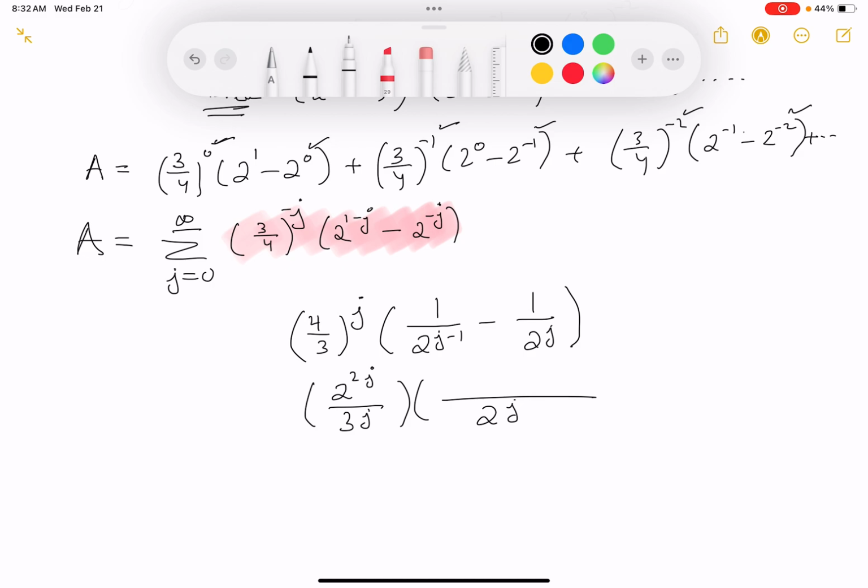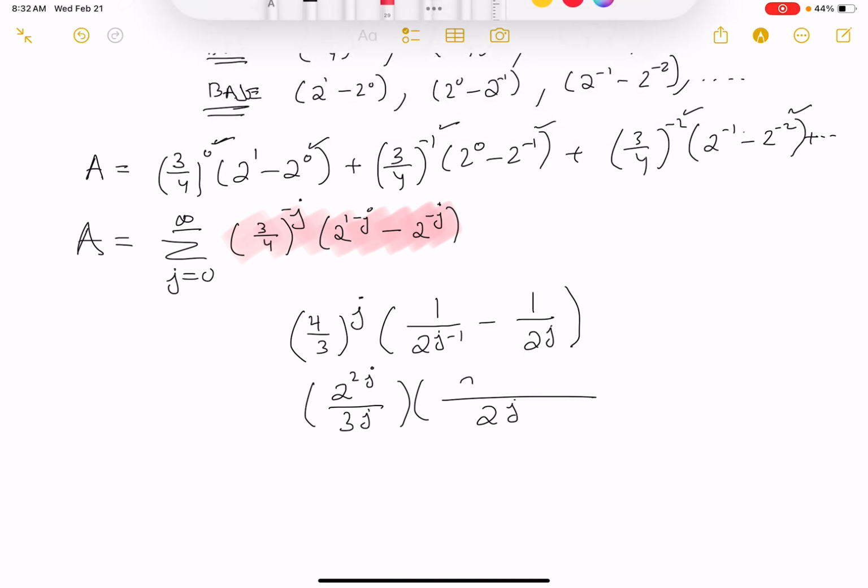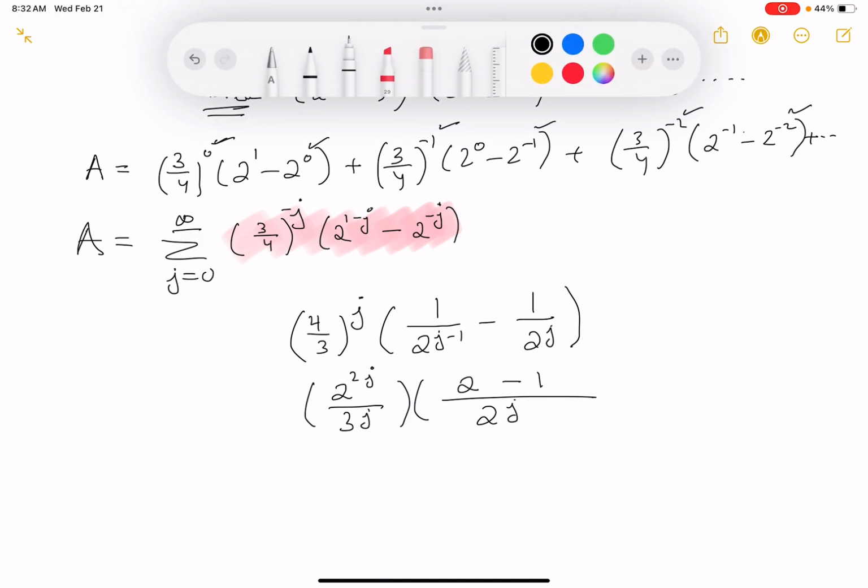I got to be careful now. So I'm going to get 2 minus 1 here. Yeah, it seems right. Let's keep moving. So we get 2 to the 2j over 3 to the j, and this will be 2 minus 1, which is 1, and 2 to the j. Well, things are shaping up.